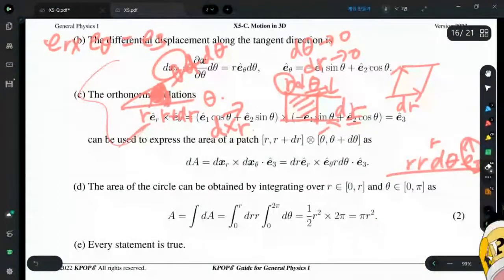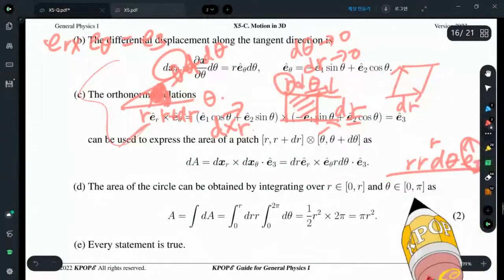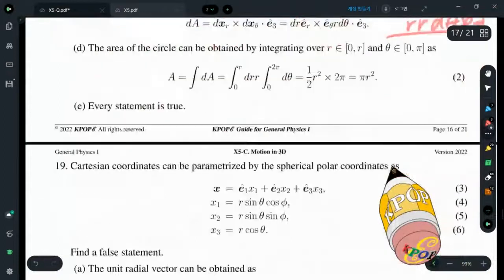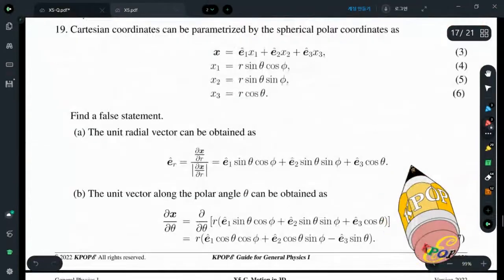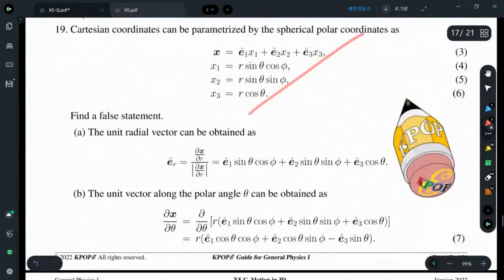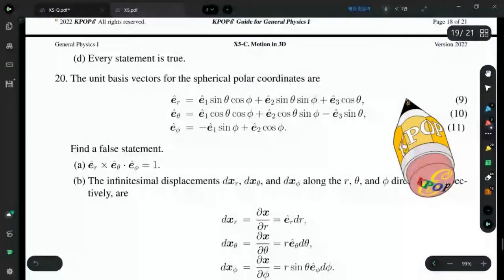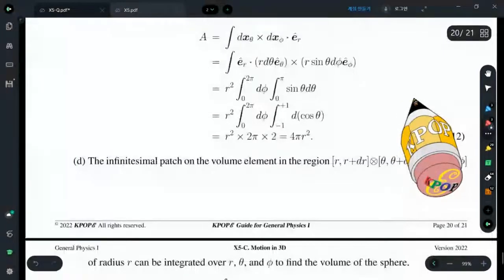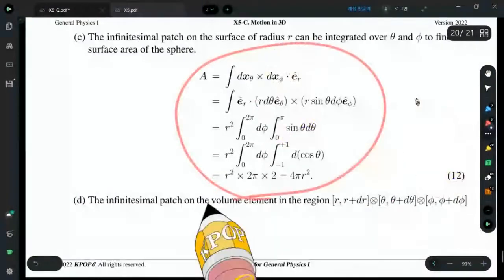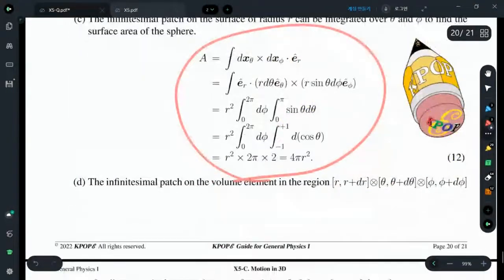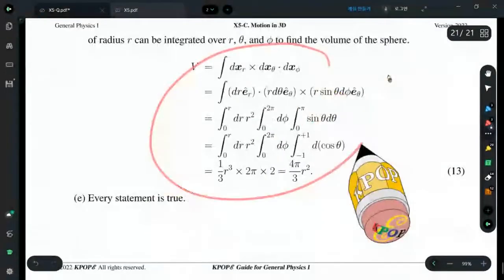We can extend it to compute the volume of a sphere. That is extended to the three-dimensional case, and we end up with the surface of the sphere and volume of a sphere.